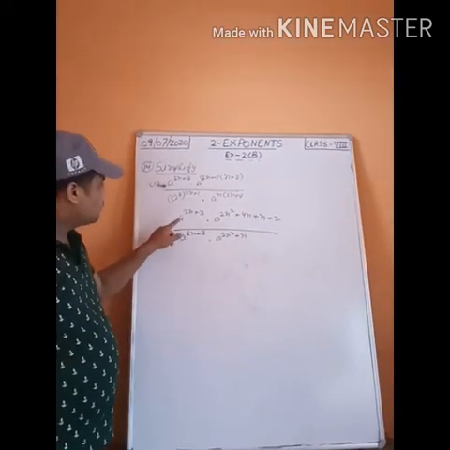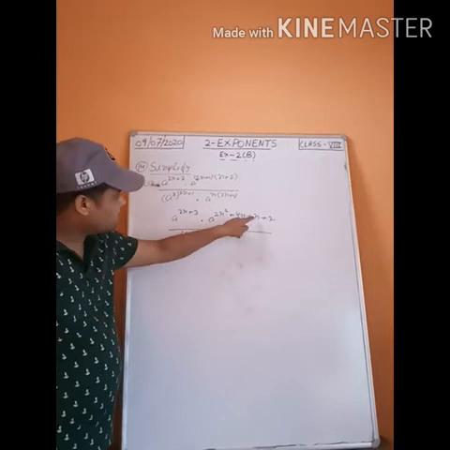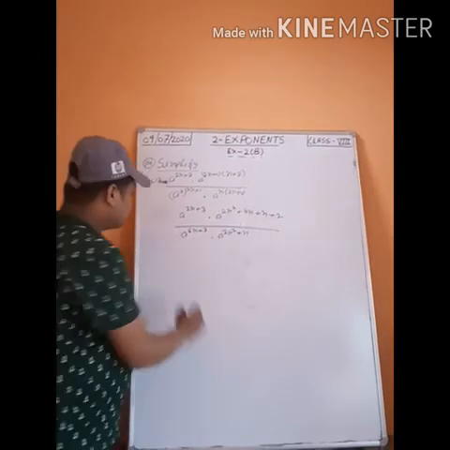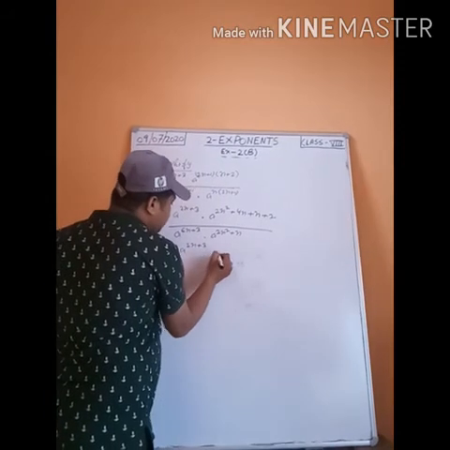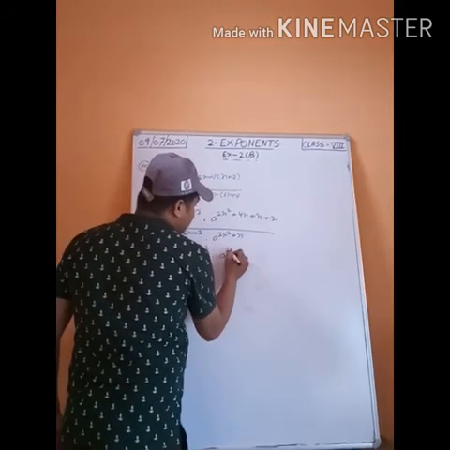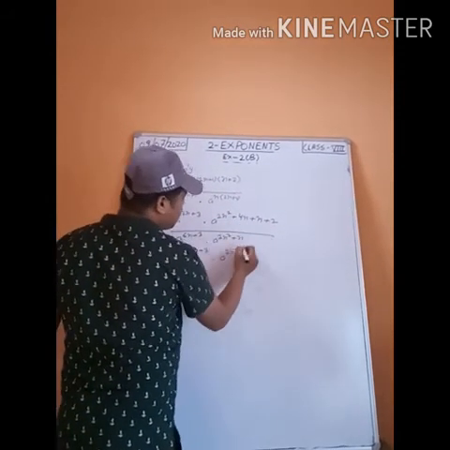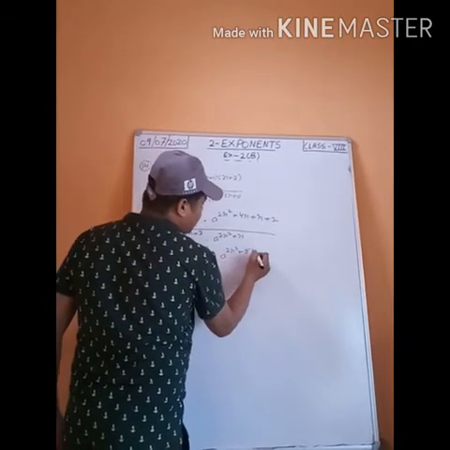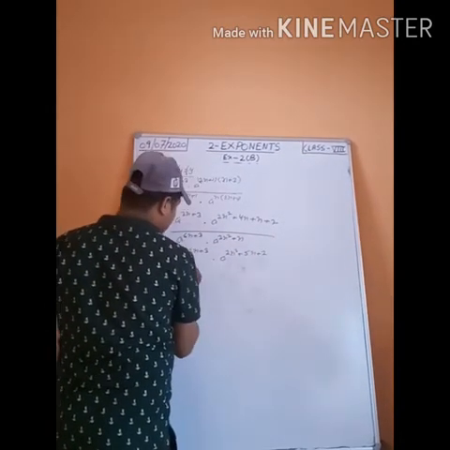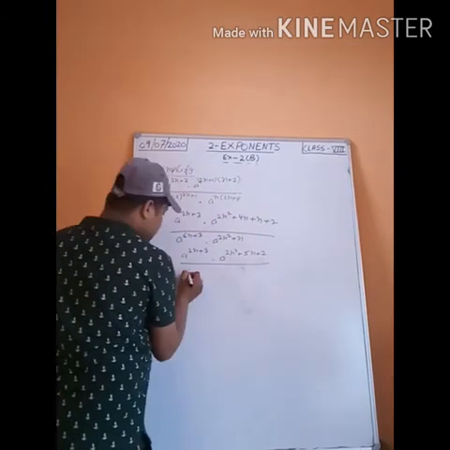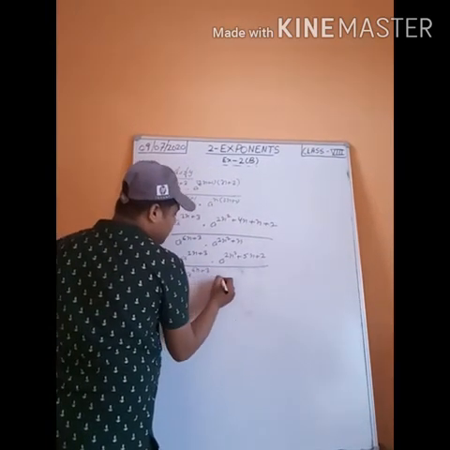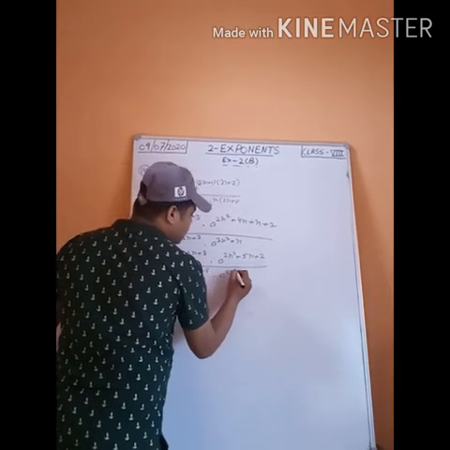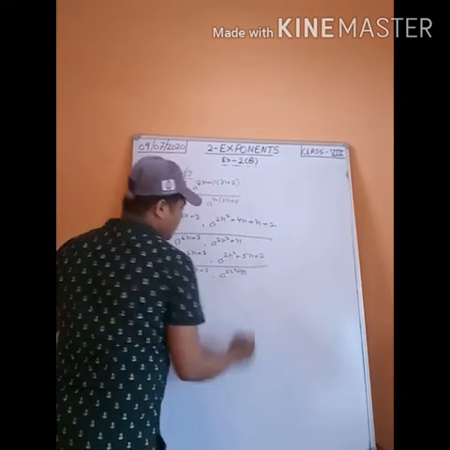Now we will solve this 4n plus n first. So a raised to the power 2n plus 3 multiply a raised to the power 2n square plus 4n plus n, plus 5n plus 2 upon a raised to the power 6n plus 3 multiply a raised to the power 2n square plus n.